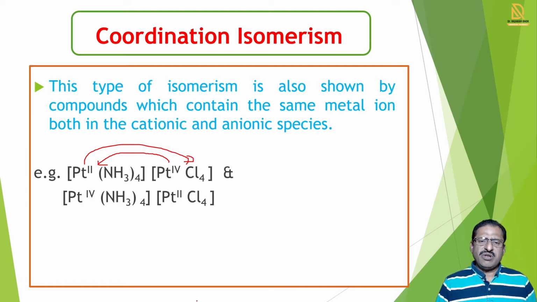Simply remember, coordination isomerism is observed when there are different metals and the metal changes from the cationic complex ion to the anionic complex ion and vice versa, or when the metals are the same but the oxidation numbers are different and the metals are exchanged between the two complex ions. Then that is called coordination isomerism, and those isomers are the coordination isomers.